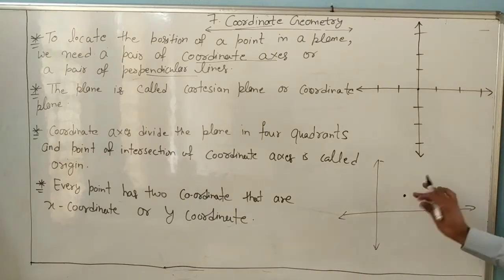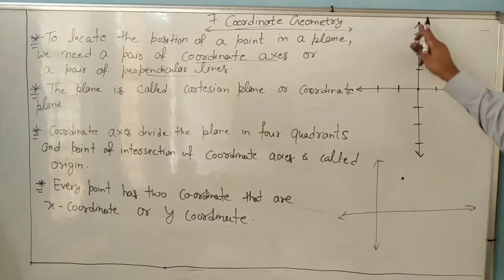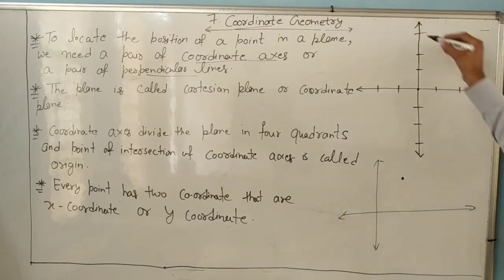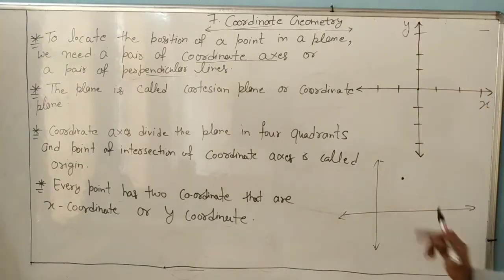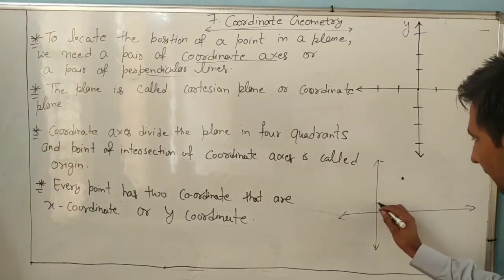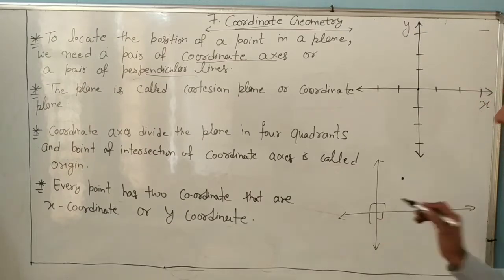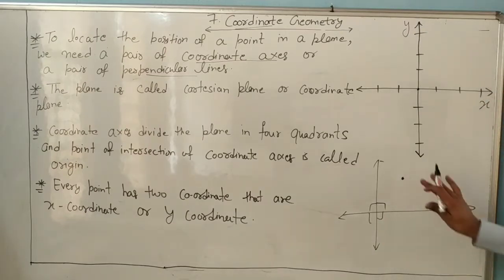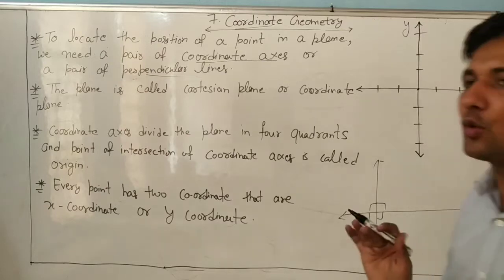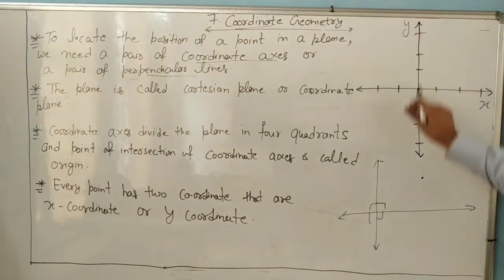If we want to locate the position of any point, we need 2 perpendicular lines. These are perpendicular, 90 degrees to each other. All are 90 degrees, 90 degrees, 90 degrees. So if you want to find the position of any point, we need 2 perpendicular lines.